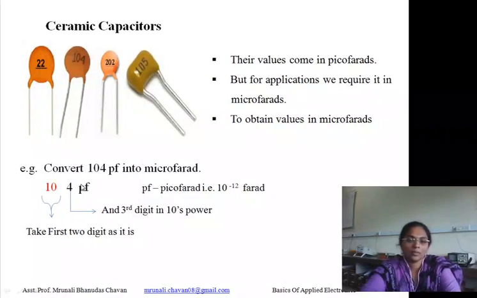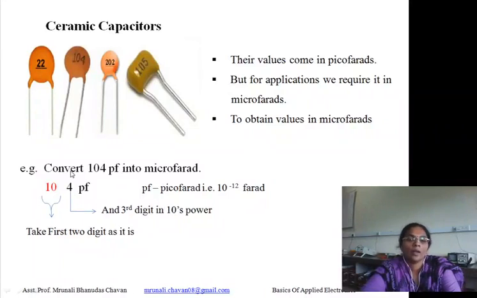Let us take one example: convert 104 pF into microfarad. Here we have to convert this value into its microfarad. The value given is in the picofarad. Pico means 10 raised to minus 12, micro means 10 raised to minus 6.